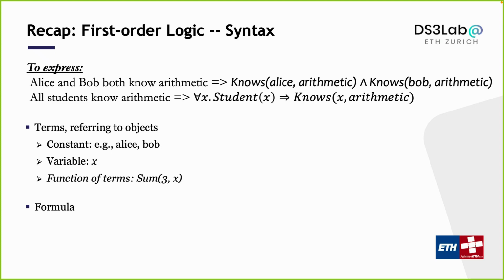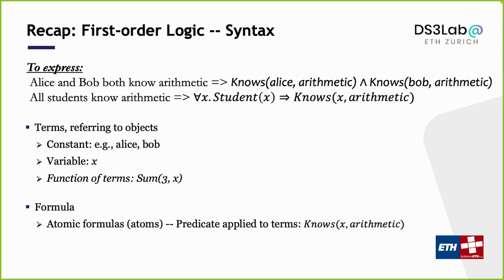And then we can define what a formula really means. You remember the recursive definition of a formula, right? There are atomic formulas, also called atoms. They are a predicate applied to terms. For example, we have one predicate called knows, applied to two terms: one is the variable x, another is the constant arithmetic.